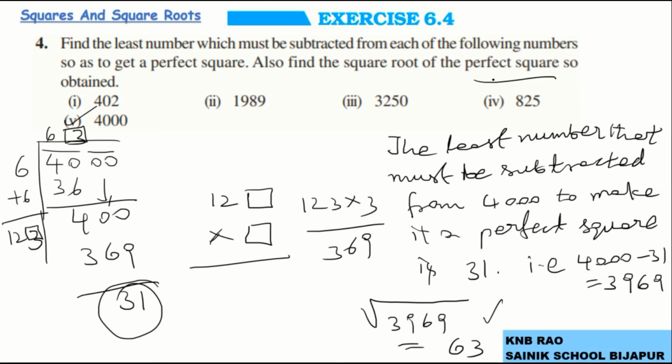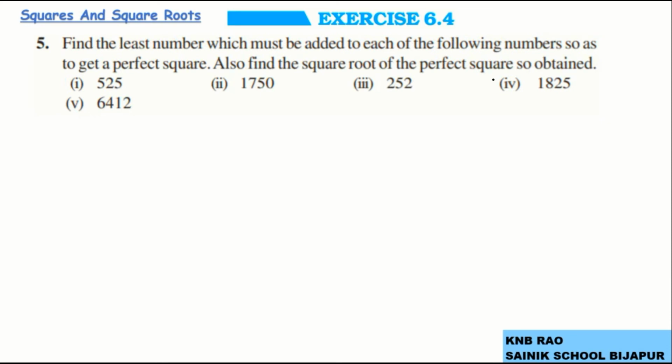So coming to the question number 5. In the question number 5, find the least number which must be added. So here same procedure we will adopt, but what to be added to make it a perfect square?